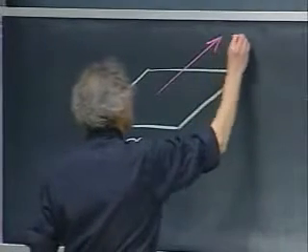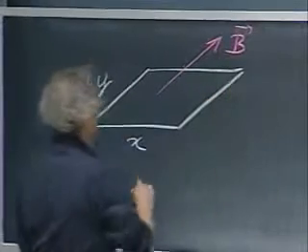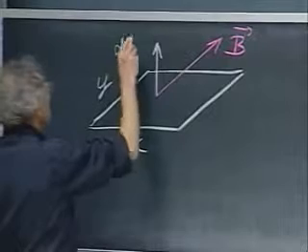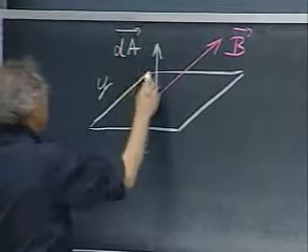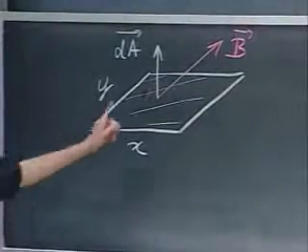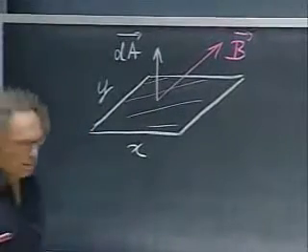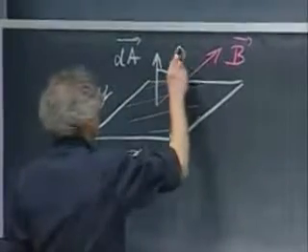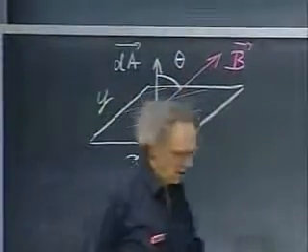Magnetic field B is like so, and I choose dA as the perpendicular vector to my surface. This is the surface that I attach to that closed loop. I choose it pointing up. And so the angle between dA and B, say is theta, but B is uniform.